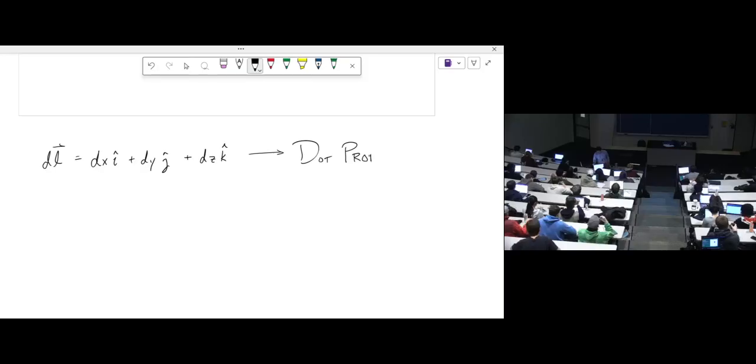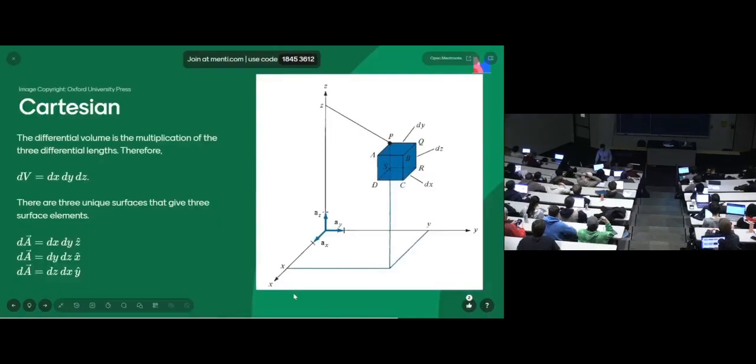And so what you get is that things that change in the x direction, so this i hat here, we only have to consider how dx is varied. Or if it's in the j direction, we only have to consider how y is changing. Or if it's in the k direction, we only have to consider how z is changing. I'll show you how to do that here in just a second. But we're going to be taking these dot products over and over again.